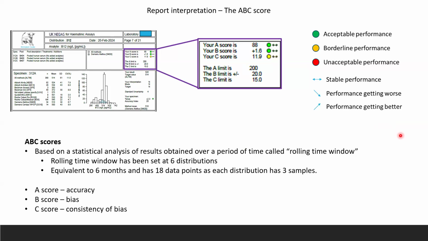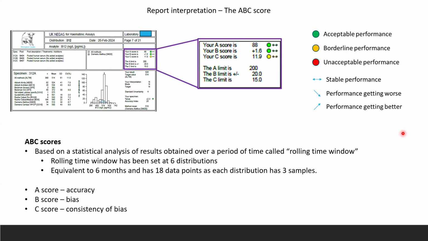It combines data from a wide range of specimens analyzed from recent sample distributions. They give an indication of our lab's average performance over time, and the rolling time window is usually set to cover 6 distributions or 6 months, and has 18 data points because each distribution has 3 samples to analyze.